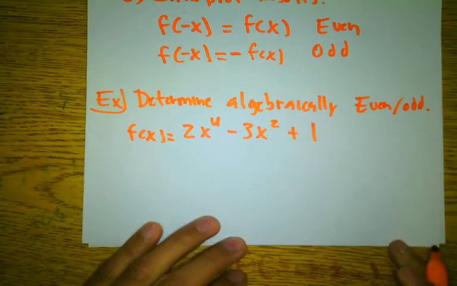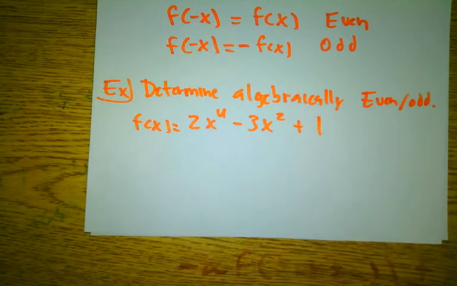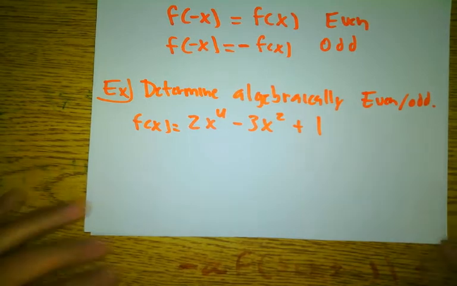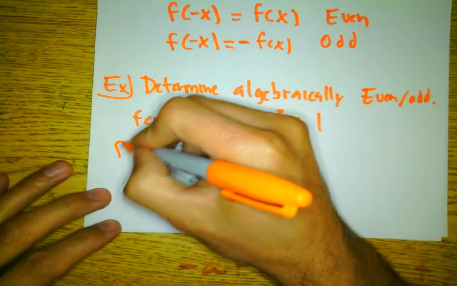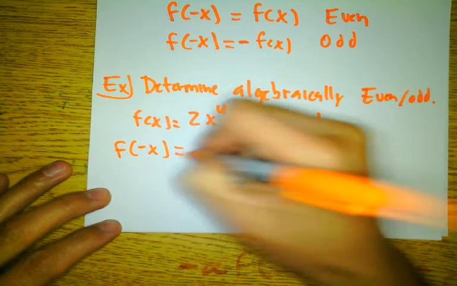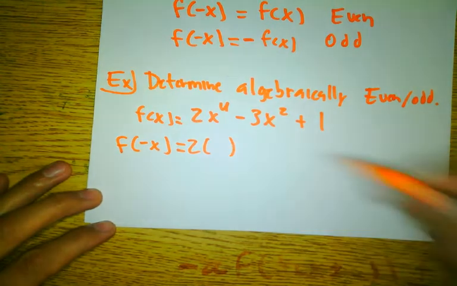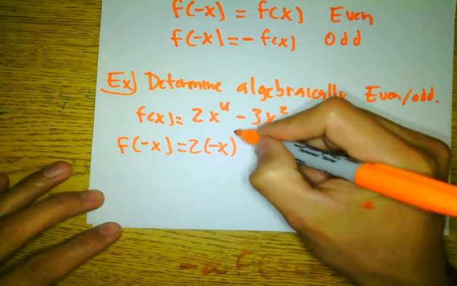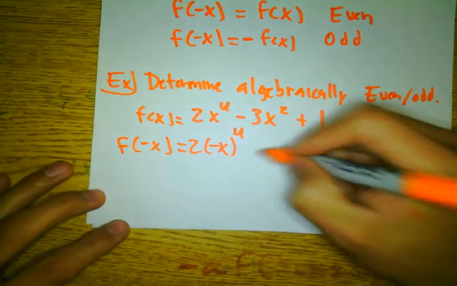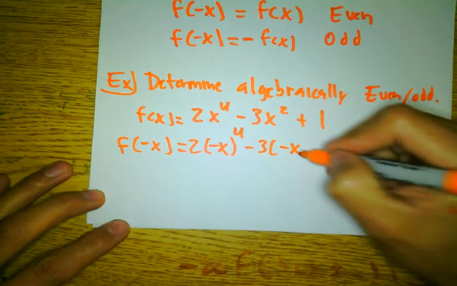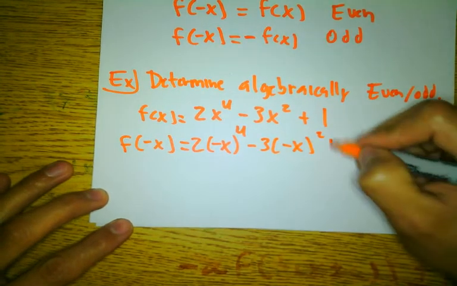Cool? So we have a polynomial of degree 4, and we're going to determine even or odd or neither. Okay? Step 1, what do we do? Okay, so I'm literally going to show the work. So I'm going to say f of negative x is equal to 2 parentheses negative x to the 4th power minus 3 parentheses negative x to the 2nd power plus 1.